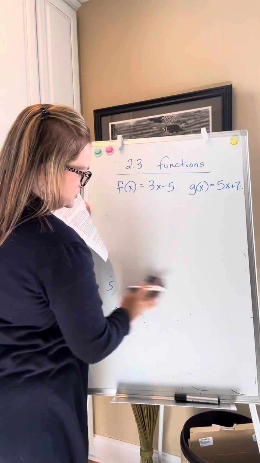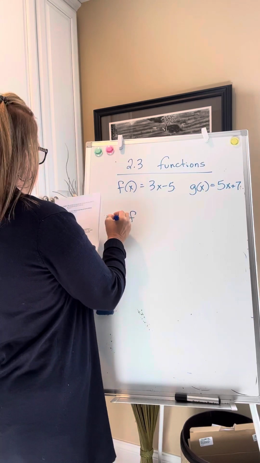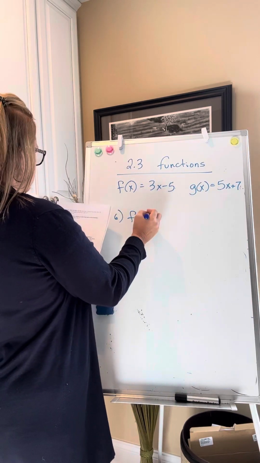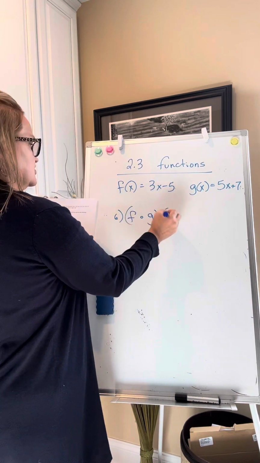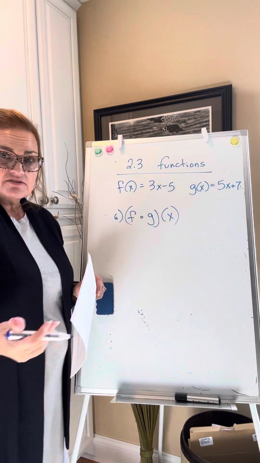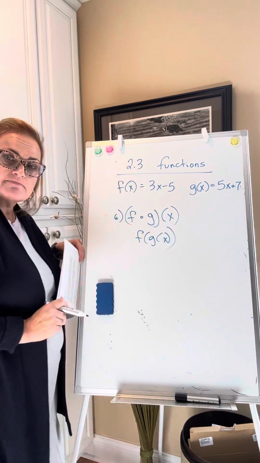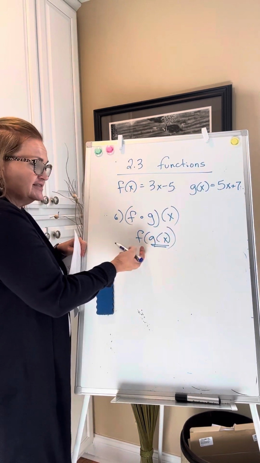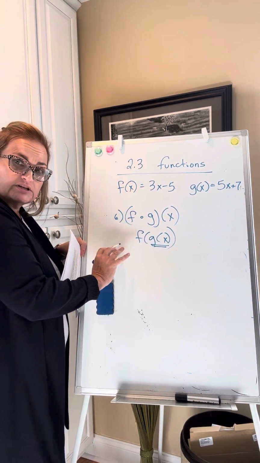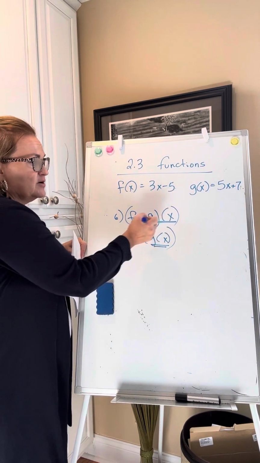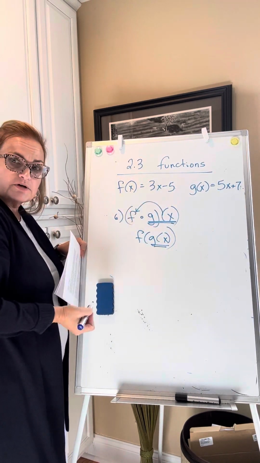Number 6 introduces a new little notation with a little open circle. It's called a composite function. It means a function within a function. Some books write it like this instead. That means function g inside of function f. So a function put inside of a function. The second one plugged into the first one.